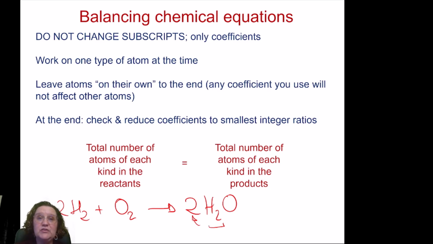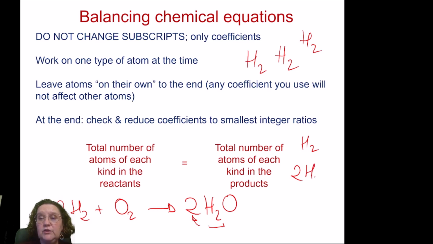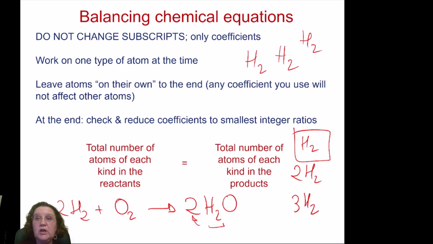When you're balancing a chemical equation, you can change the coefficients. Because you could have 1 molecule of H2 or 2 molecules of H2 or 3 molecules of H2, so you could have H2, or if you needed, you could have 2 H2, or you could have 3 H2. But the compound H2, that subscript, you cannot change, because that is the composition of the compound, 2 hydrogens bonded together.